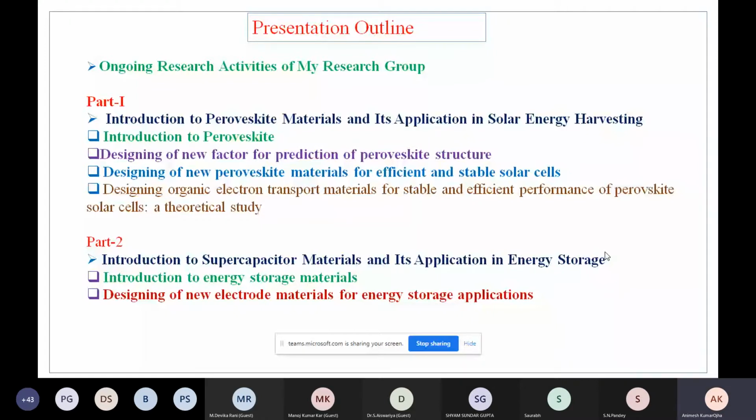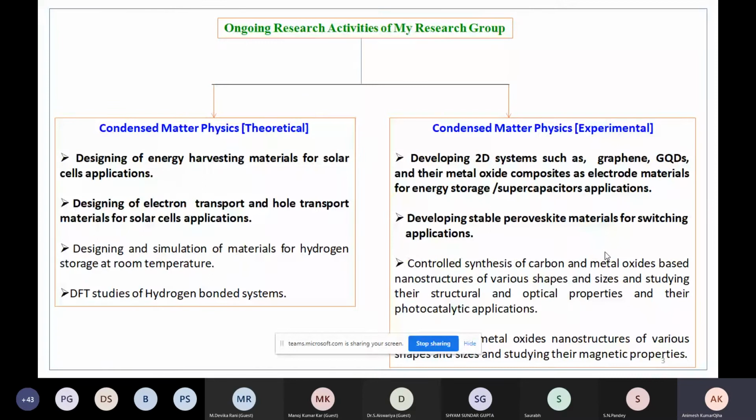So this slide shows that I have two small research groups. One is condensed matter physics theoretical. Here we are dealing with designing of materials for solar energy harvesting and solar cell application, and designing of electron transport and hole transport materials for solar cell applications.